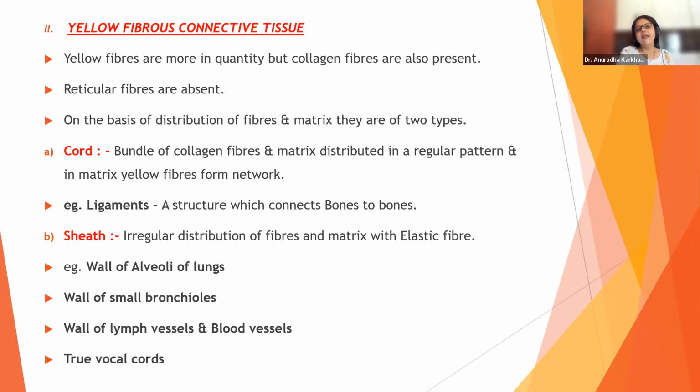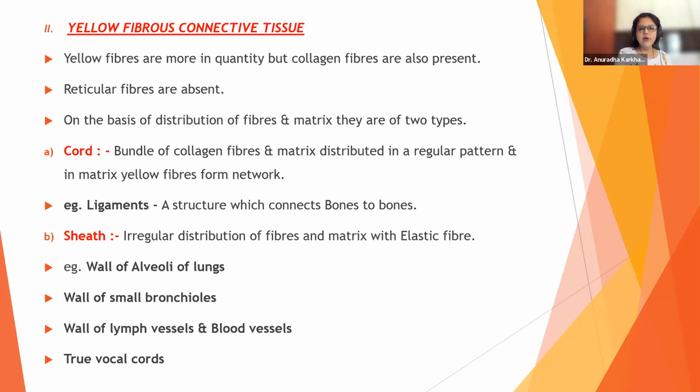And sheath is an irregular distribution, like a bed sheet, a wrapping-around kind of position with matrix with elastic fibers. Example, sheath would be present in the alveoli of the lungs. That is the reason the alveoli can expand and come back to their normal, right?